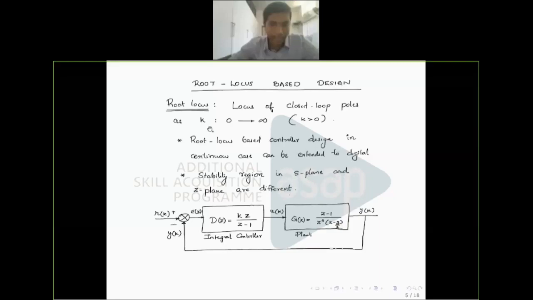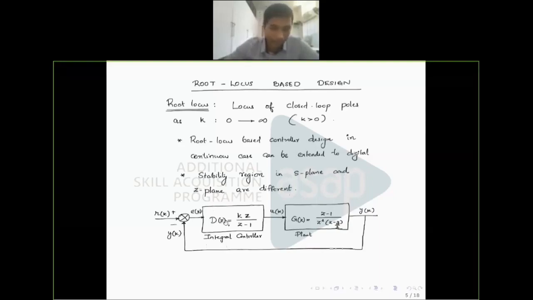You are not allowed to vary the structure of the controller. So you must be able to fix the type of controller that you are going to use in the root locus design approach. So let's say that I am using an integral controller.